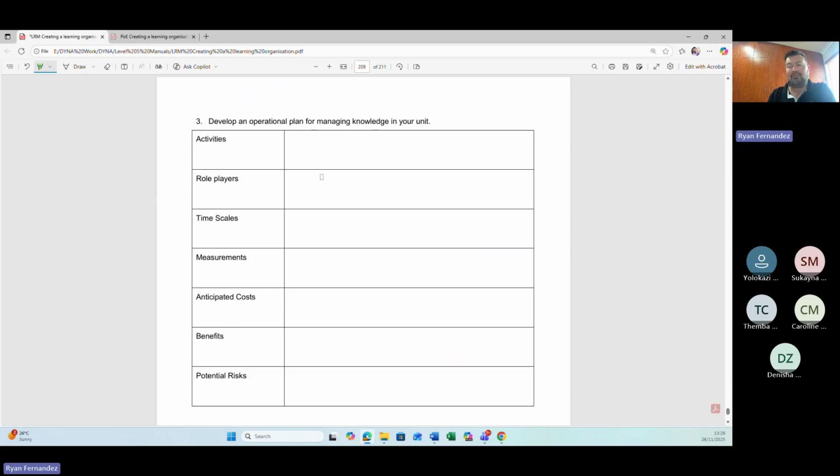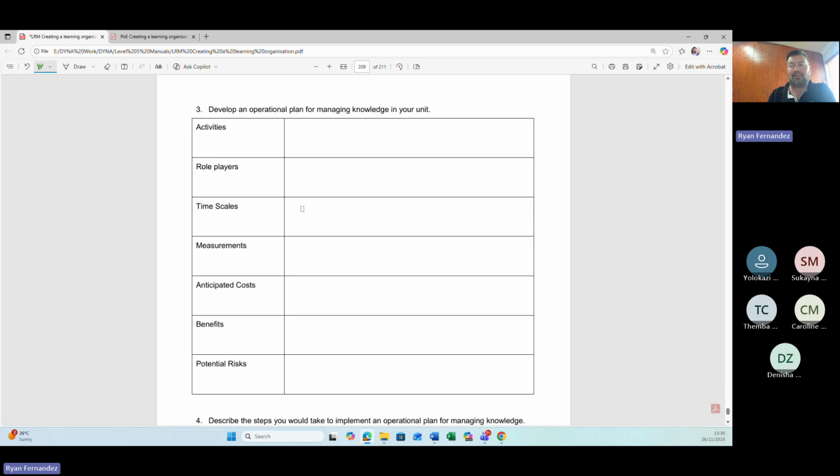So maybe our department manager needs to make sure that we have budget. The IT team needs to give us more space on the cloud. And then each individual in the team needs to actually put that information into the folders. So that's the role players.